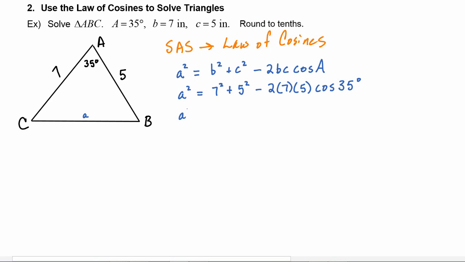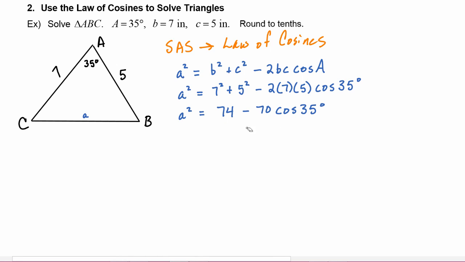So now we have A squared is equal to, well, this is 49 plus 25 would be 74, minus 2 times 5 is 10 times 7 would be 70 cosine of 35 degrees. Now be extra careful here.